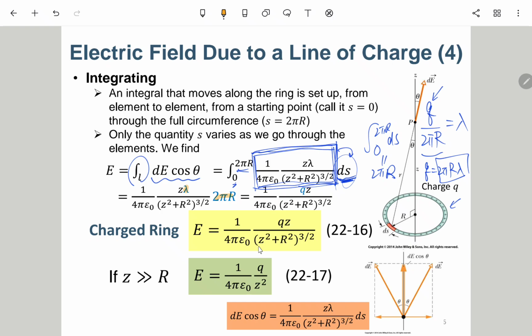And here we also try to assume that z is much larger than r, where r is the radius of the ring.